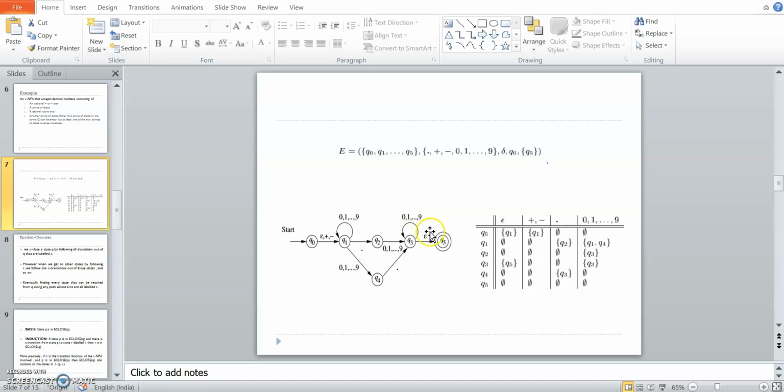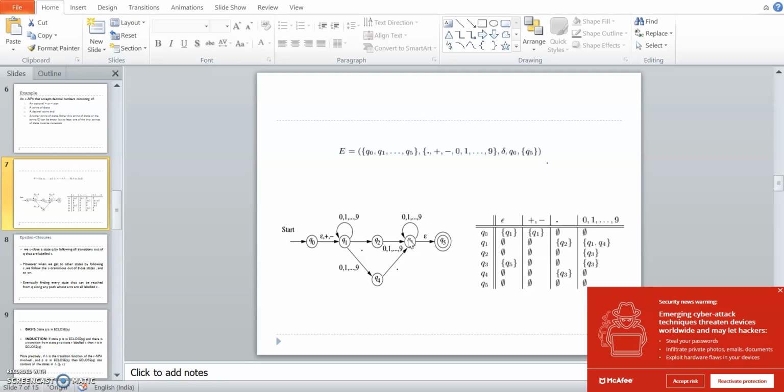In that state, I may read any number of digits 0 to 9, and at the end, it may be any digits or epsilon, because as per the given condition, if epsilon is there, we accept the string.